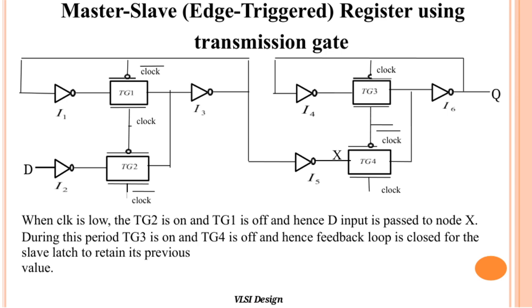This clever arrangement ensures that data is only transferred at specific clock edges, improving timing control and stability in the circuit. Overall, this design is fundamental in VLSI for enabling reliable data storage and synchronization.